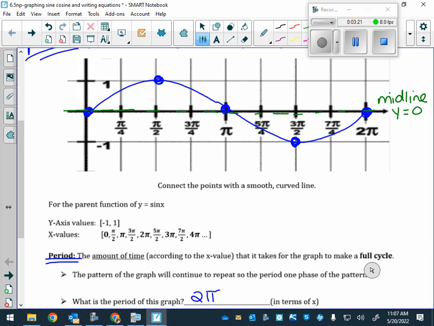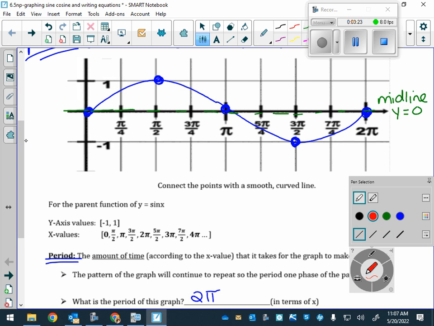Now, who could tell me what is the distance from the midline to your maximum value? Yeah, okay. 1. So the distance from here to here is 1. What is the distance from your midline to your minimum? 1.